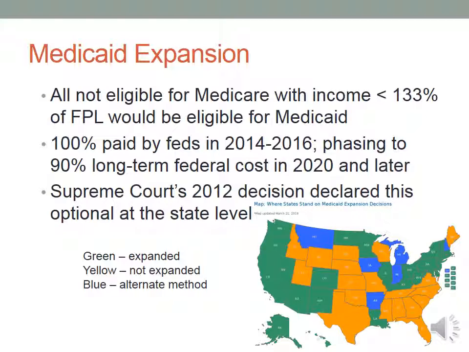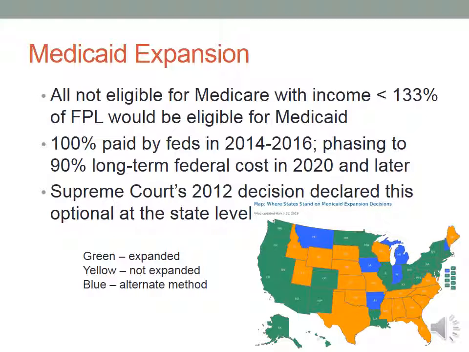So we didn't talk about this in great detail, but I'll tell you, for example, in Texas, there are some categories of people who are eligible for Medicaid only until they hit 25% of the federal poverty limit. So there are some big gaps in some states, particularly for adults without kids, in terms of eligibility for coverage. And so this Medicaid expansion was supposed to fill in for that very, very low income group.